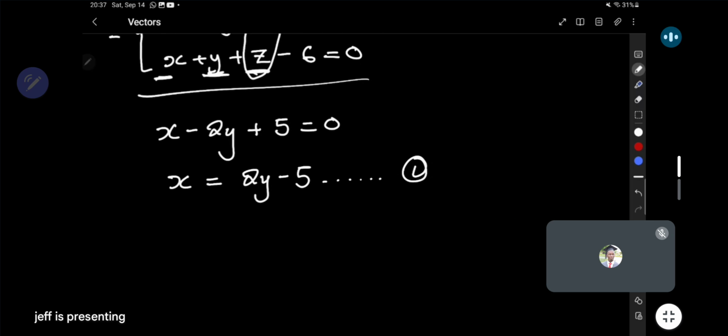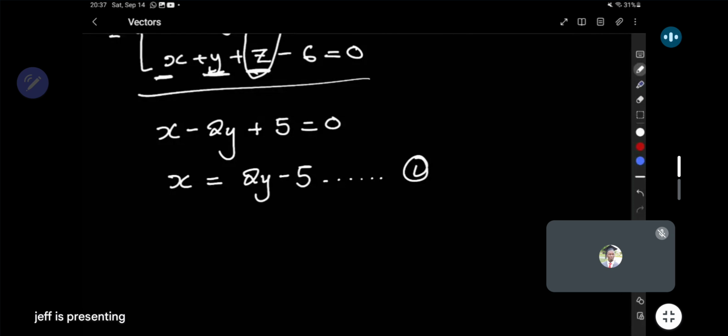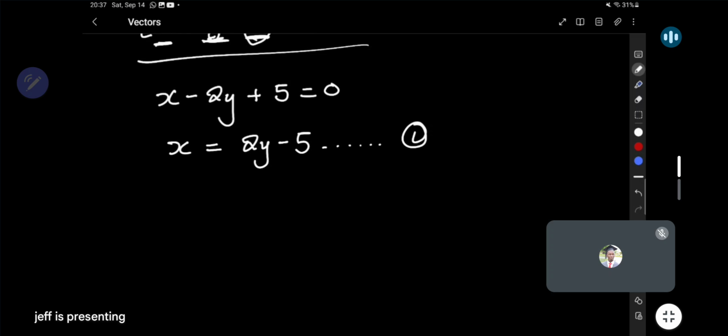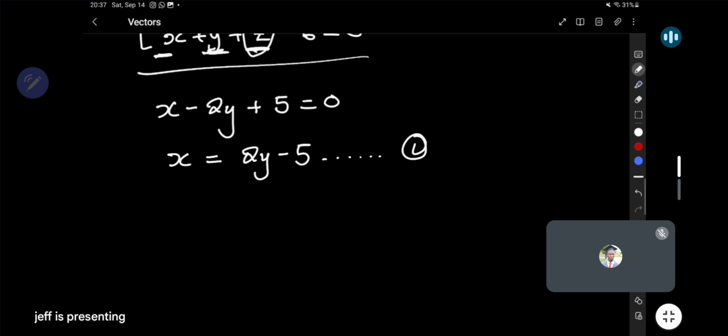Now, the next thing that we want here, we can define a parameter. And this parameter, we're going to define it in terms of one of the variables here. It's up to you what the parameter is going to be really. But here, we can simplify it and just let y equal a parameter t.